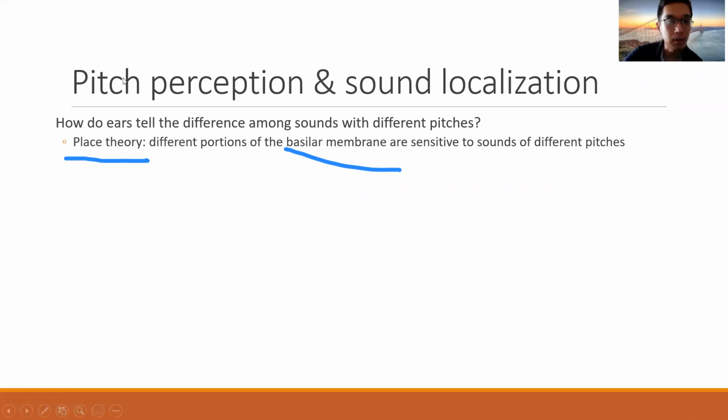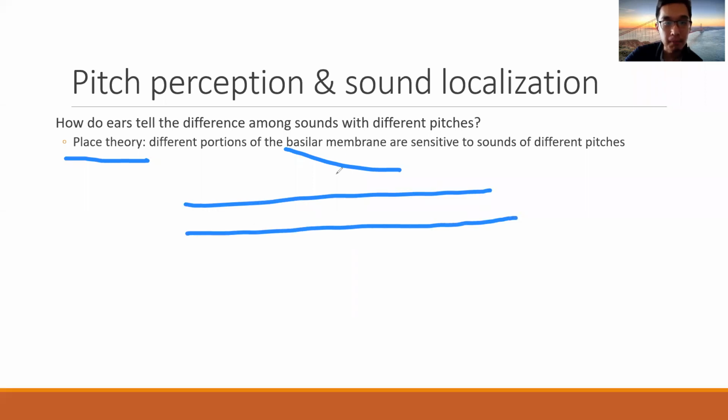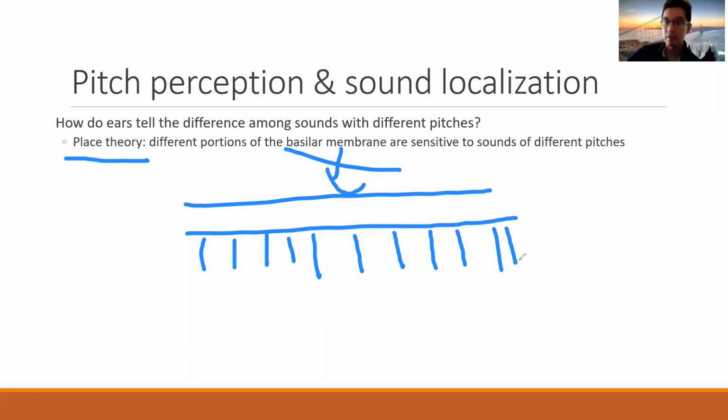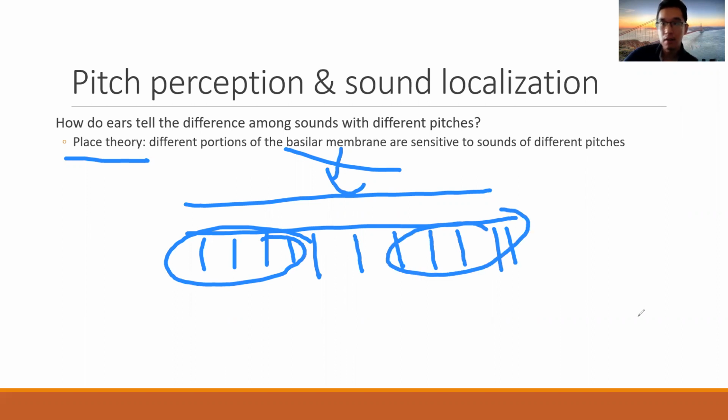So for example, if that is the basilar membrane, here are hair cells, right? There are a lot of hair cells on different parts of the basilar membrane. For example, these hair cells are sensitive to a certain pitch, but these hair cells are sensitive to another pitch.